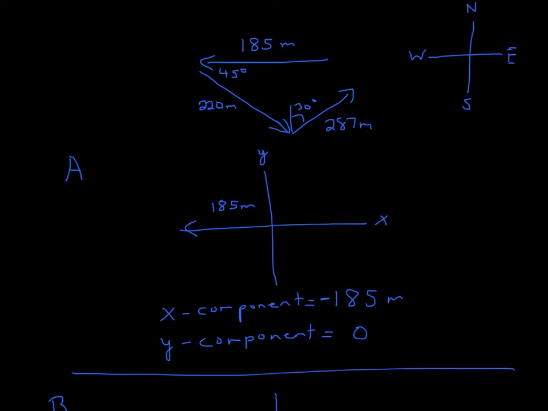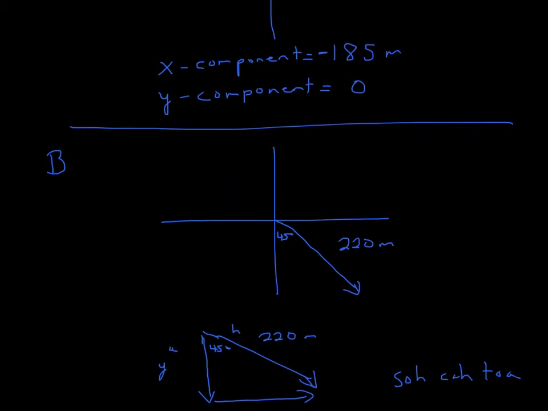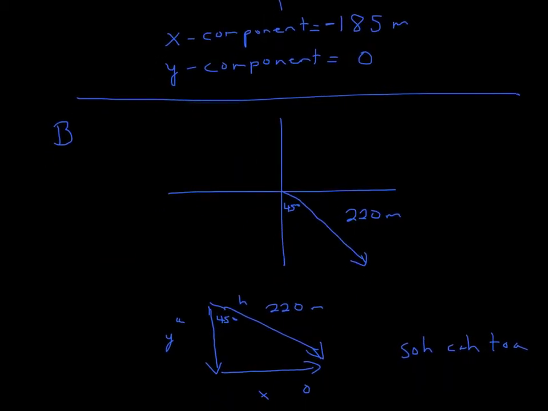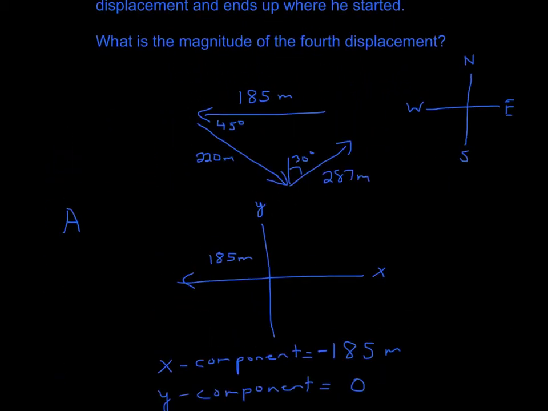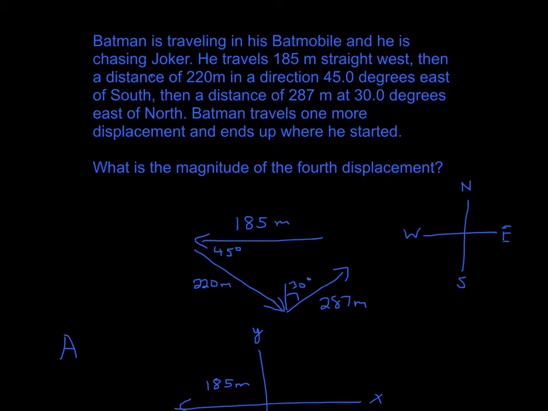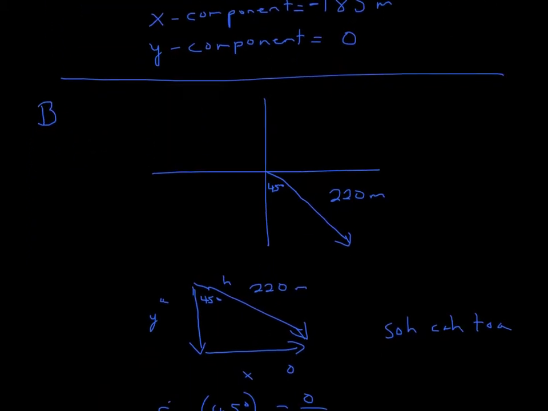Moving on, we have B. B is going to be this one, 220 meters. So going down, I just drew that, 220 meters. But in the question, it actually said 45 degrees east of south. So if you have south, east of south means you're going this direction, and it's going to be the angle right there, in between that. That's what I drew right here.